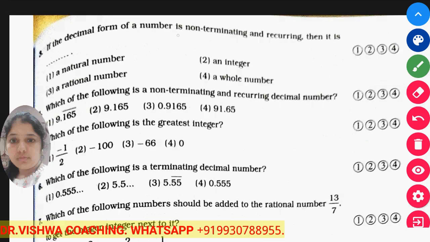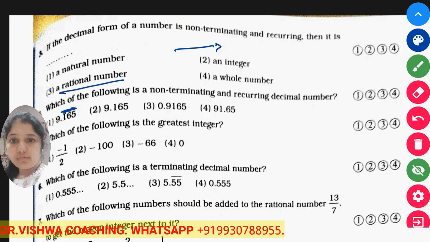Now, if the decimal form of the number is non-terminating and recurring, then it is called a rational number. Okay, means the answer is not complete and it is shown as a recurring decimal.